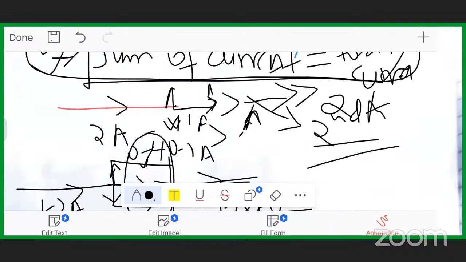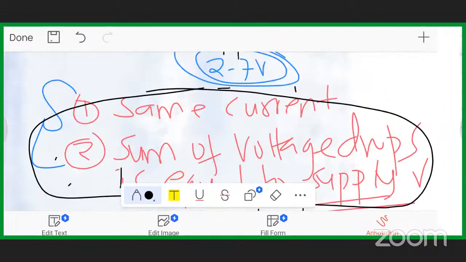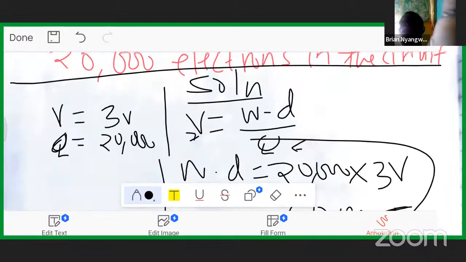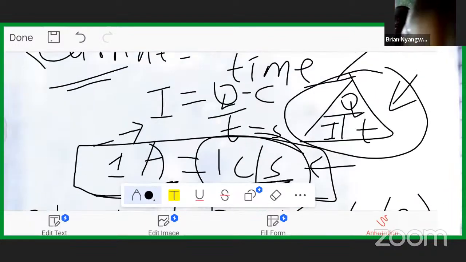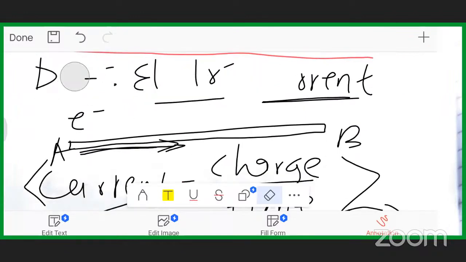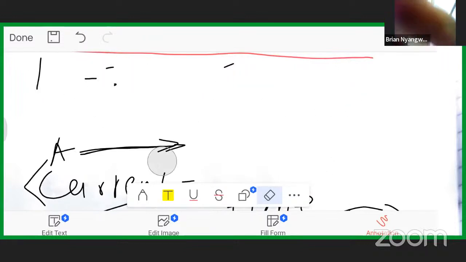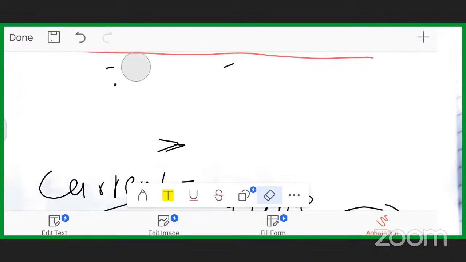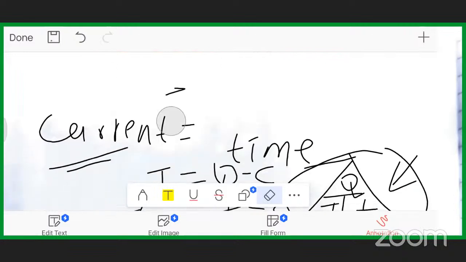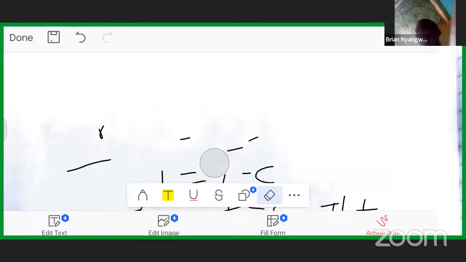I hope the concept of same voltage, same current is clear. So what you need to remember, especially to help us understand the idea of resistor networks. With that in mind, we will need that concept in a few minutes when we are dealing with the resistor networks.